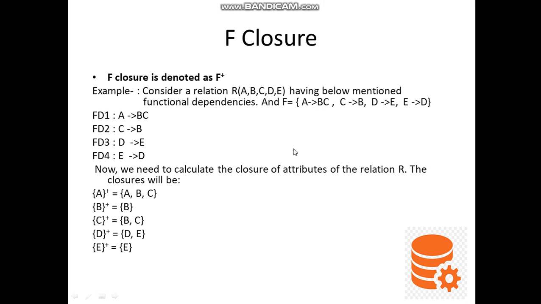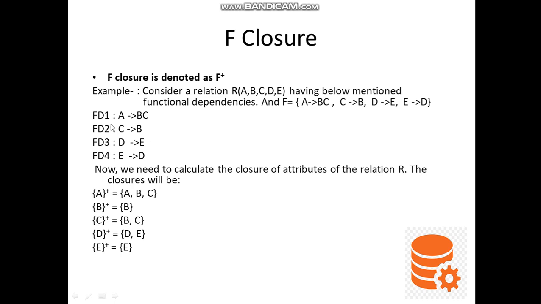So we need to calculate the closure of attributes of relation R. That means for whatever columns are present there, we have to find the closure. So A plus means closure of A. There are A tends to B and A tends to C, correct? A tends to B, C. So closure of A is A, B and C. Now next is B closure.